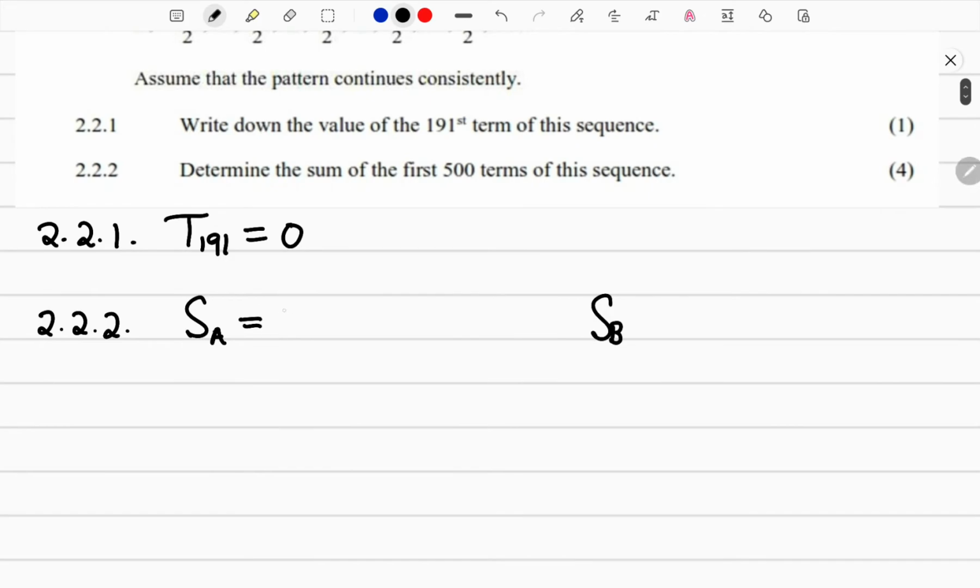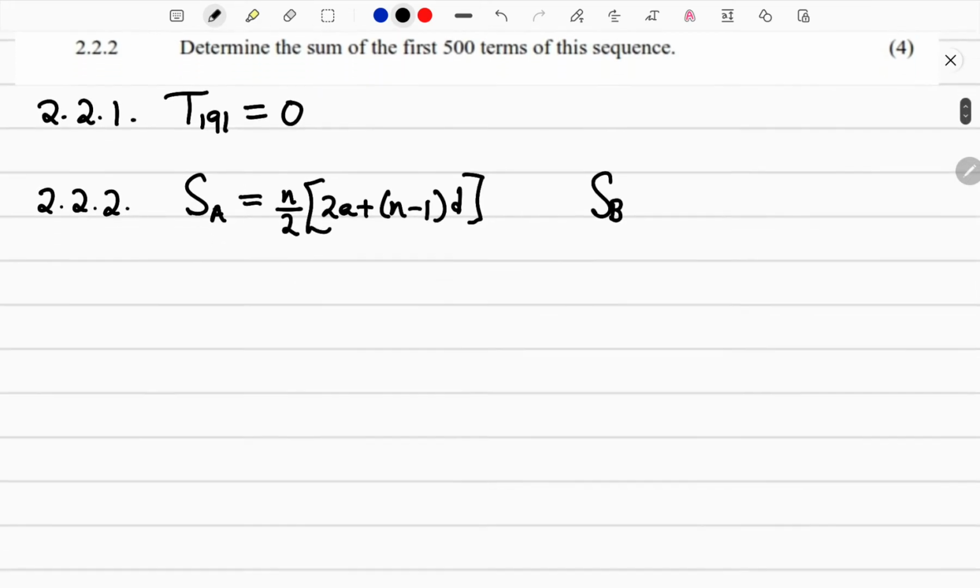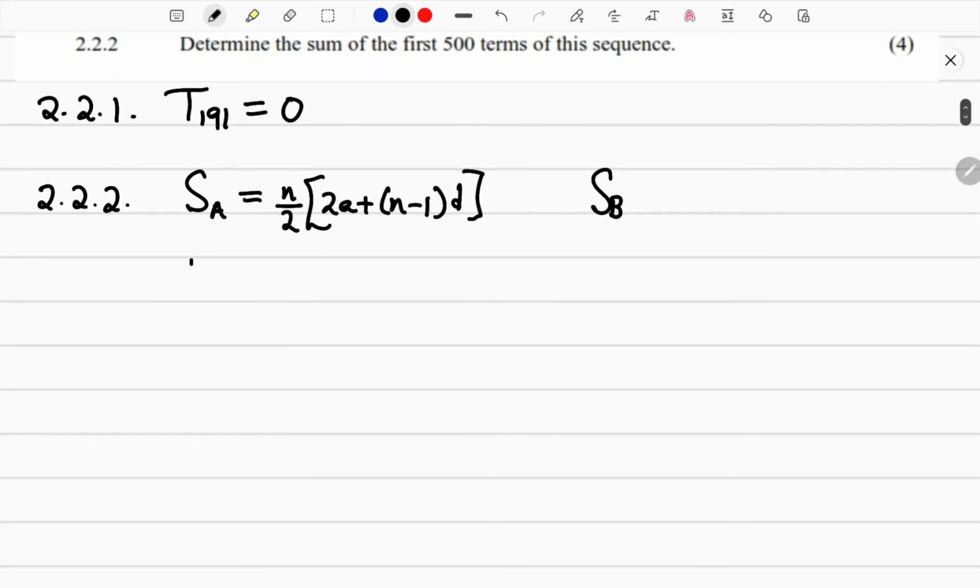So the sum formula, remember, it should be n over 2 times 2a plus n minus 1 d. So you already have 250 there. Here you can write as n, it's fine. Even here you can write as n.